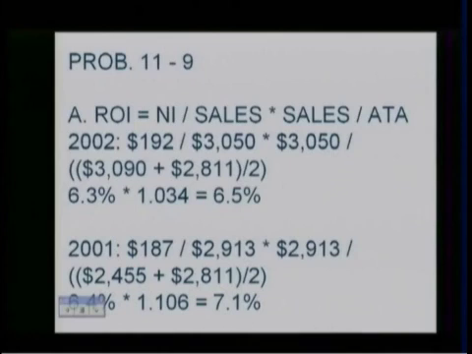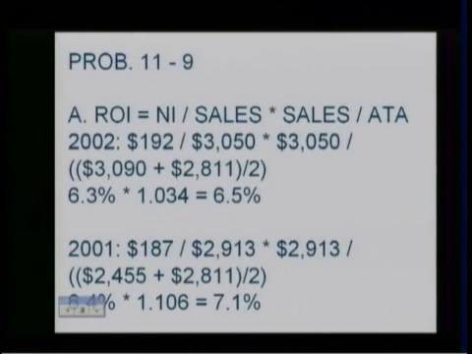For example, in Part A, they ask you to calculate return on investment based on net income and average total assets for 2004 and 2003, showing both margin and turnover. You've done this numerous times before. This is just the DuPont ROI model, where you take net income over sales times sales over average total assets. Your net income is shown on page 404 under income statement data.